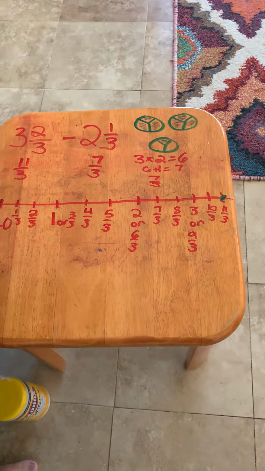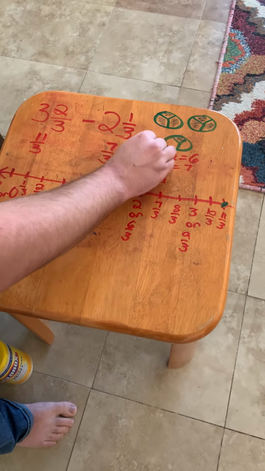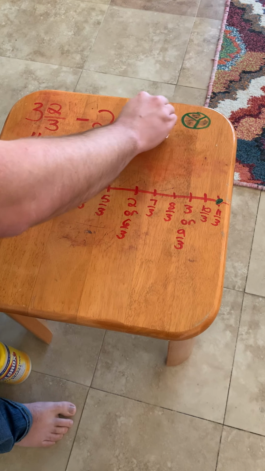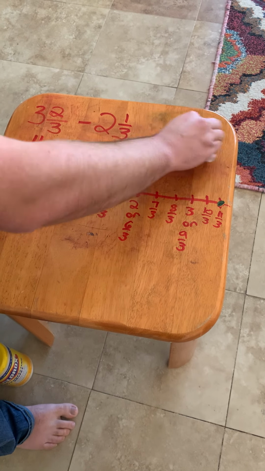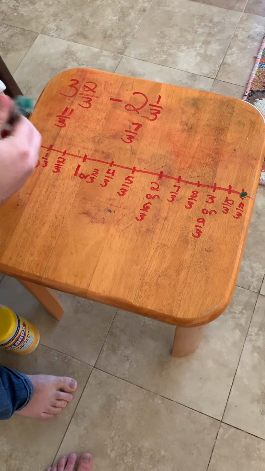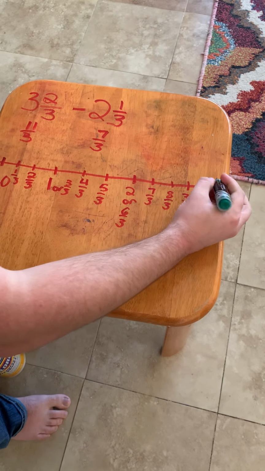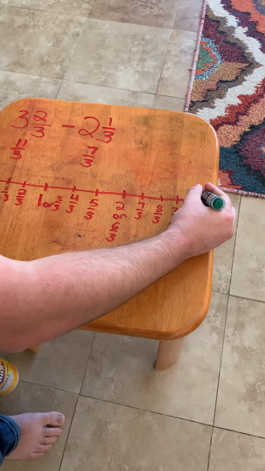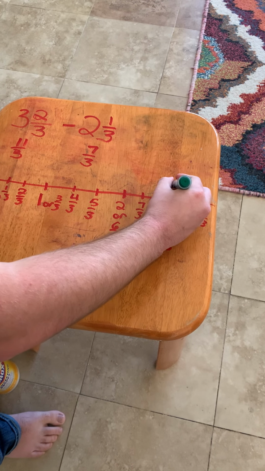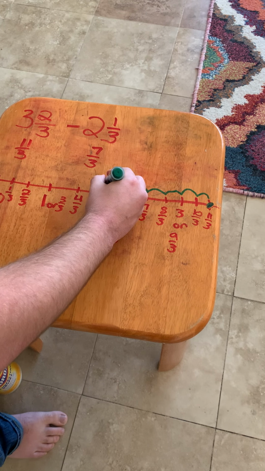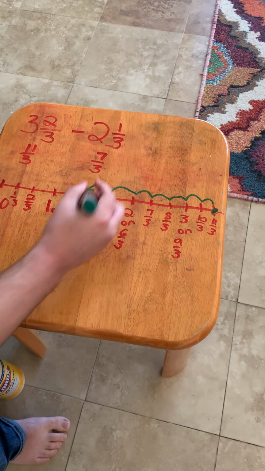Now that I know that this is 11 thirds minus 7 thirds, it makes it a lot easier to use the number line. So if I'm at 11 thirds, I need to subtract 7 thirds from that. So we're going to go back 7. So this is 1/3, 2/3, 3/3, 4/3, 5/3, 6/3, 7/3.